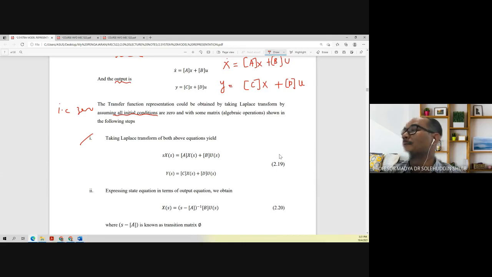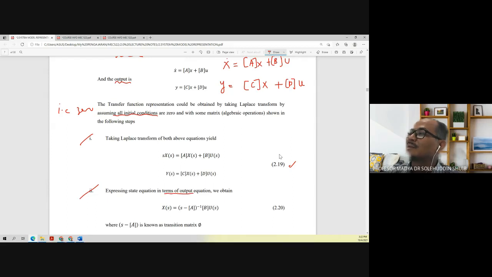This is equation 2.18. So we can express the state equation in terms of the output equation. So we have X, and we want to express it in terms of the input.